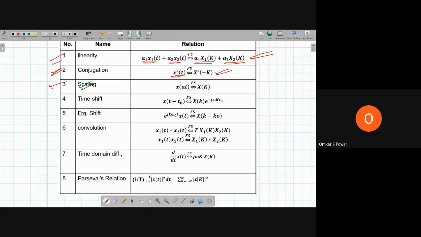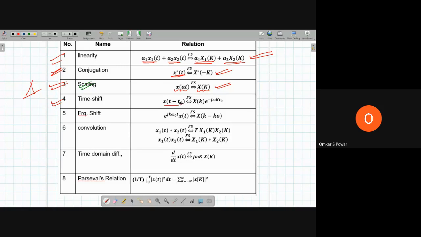Then scaling. I told you, if you have a signal, you can scale it. When you scale in the time domain, your frequency domain coefficients will not alter; they remain as they are. So x of at gives X of k. Then we have the time shifting property.